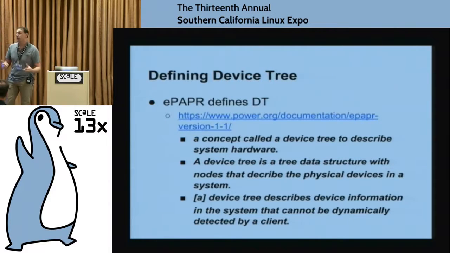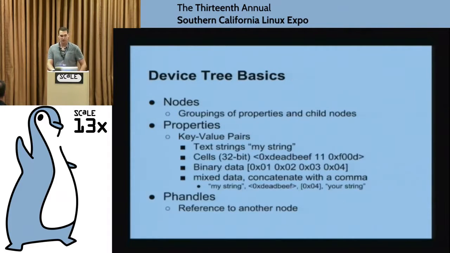What you'll hear a lot in the community is non-discoverable buses, and that's the type of thing. It's I2C and SPI. It's not PCI and USB. Well, those are discoverable, right? You enumerate those buses for the most part, and you don't have to have these same features. So for things that aren't discoverable, you can describe them all in this tree-like structure.